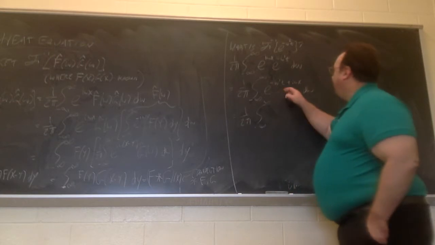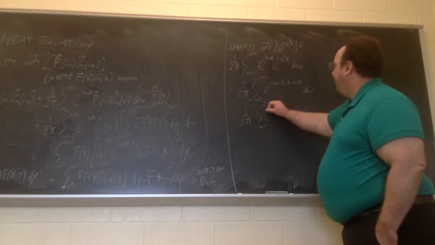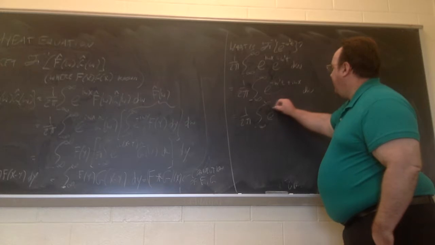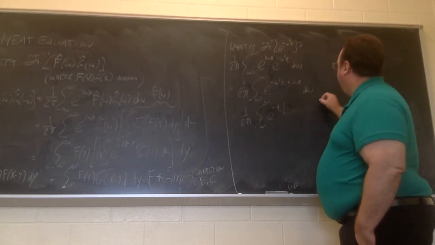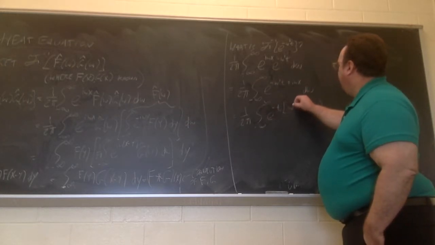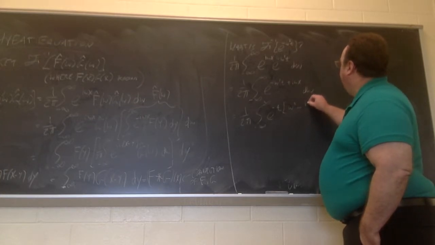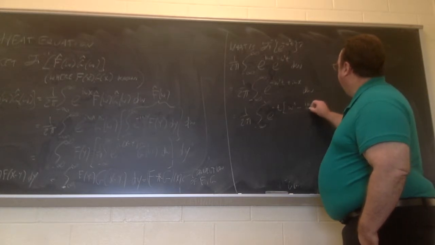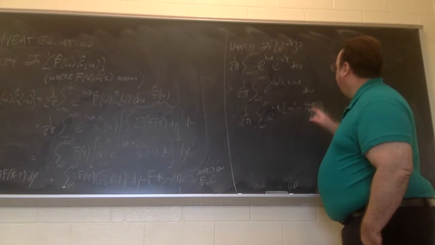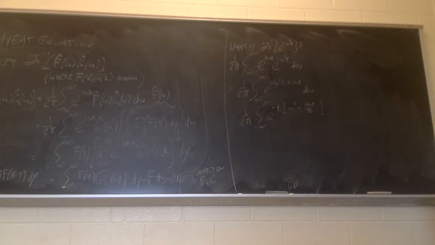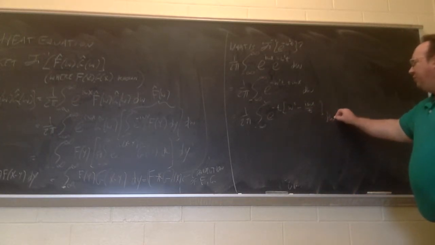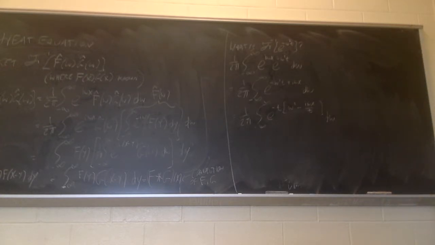All right, so I need to pull out a minus t just to make the coefficient of this 1. So now I have omega squared minus i omega x over t. I have to be really careful with my algebra, because when I was working this out on paper, I screwed it up and had to fix it. So hopefully I won't do it again.